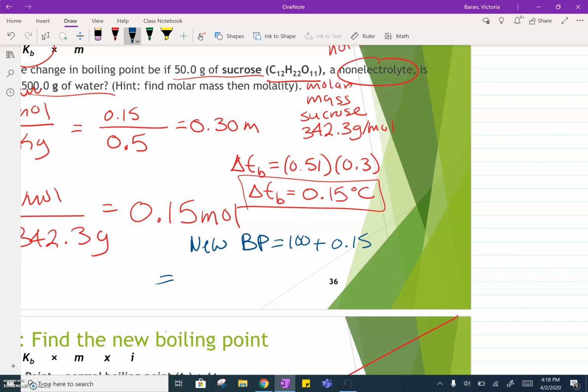So when you're dealing with water, finding the new freezing point and boiling point is pretty easy. So 100.15 degrees Celsius, because when you add a solute to a solvent, it will increase the boiling point and it will decrease the freezing point.